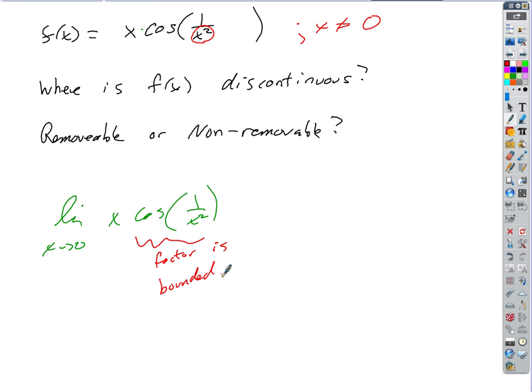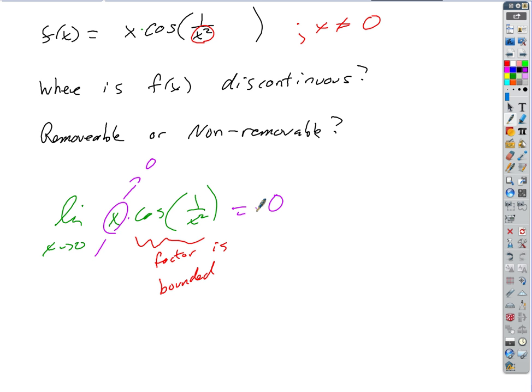What's this one doing as x approaches 0? What's that factor doing? It's going to 0, right? So I end up with a product of 0 times some number between -1 and 1. Well, what's 0 times a number that's between -1 and 1? 0, right? And so the overall limit would go to 0, right?